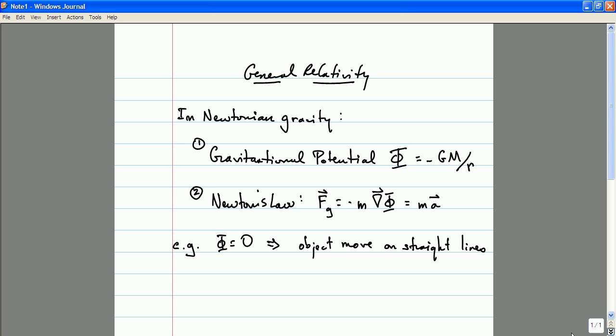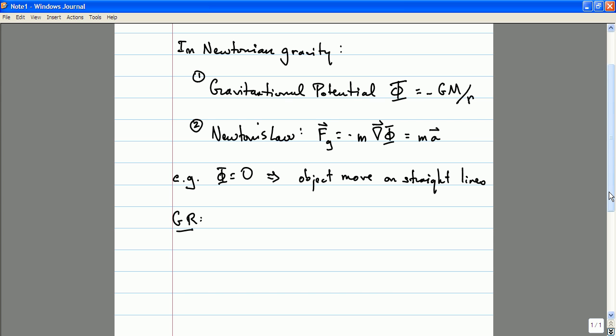In general relativity, our point of view has changed somewhat. And what we say is that gravity is due not to a gravitational potential, it's not due to some sort of field like the electric field or the magnetic field or the gravitational field, but rather to a property of space-time itself.